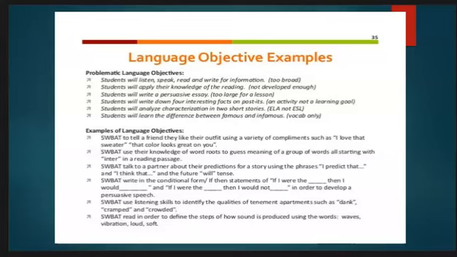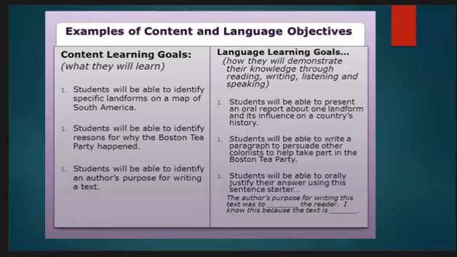And if you want to read through the rest of these, just go ahead and pause the video, and this is available as a PDF as well in one of the resource folders on D2L. And of course, you have to keep in mind, your objectives are going to vary according to your students' levels. But these examples show the kind of specificity that we want. That specificity gives your objectives strength, and it makes them measurable.